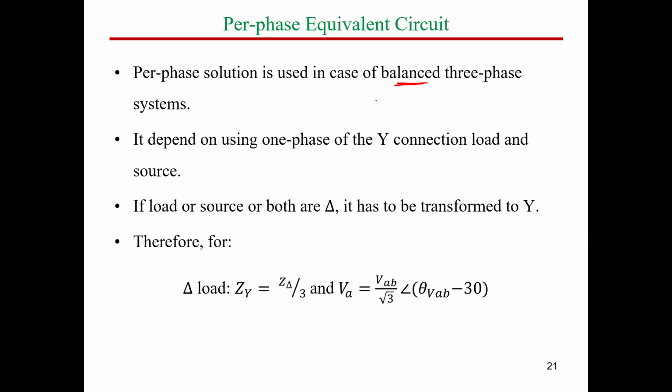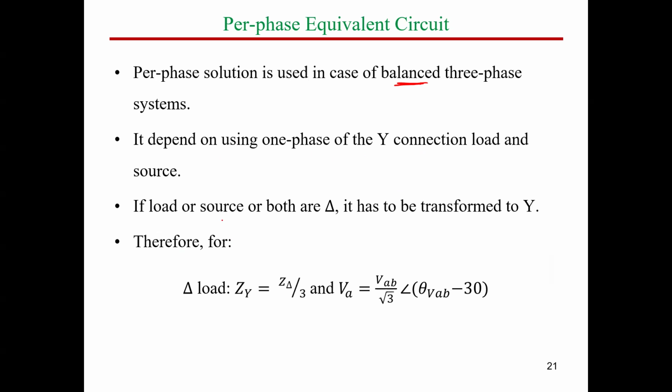So in our classes, we will convert every 3-phase machine, guys, into just a single phase or per phase equivalent circuit. Because we will assume that all of our electrical machines are balanced 3-phase machines. It depends on using one phase of Y connection load and source. So for instance, if you have Y connected load and source, in this case, you can convert your system easily to a single phase.